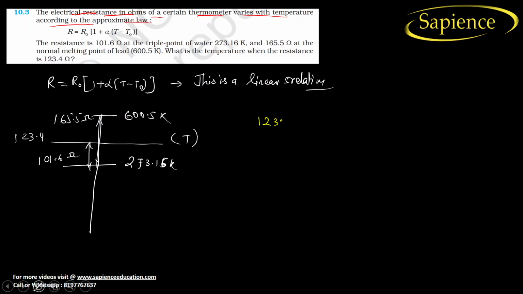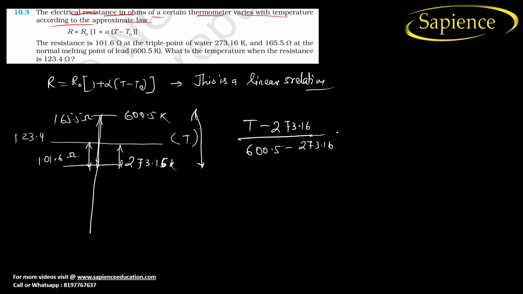We can write T minus 273.16 divided by this ratio, that is 600.5 Kelvin minus 273.16.